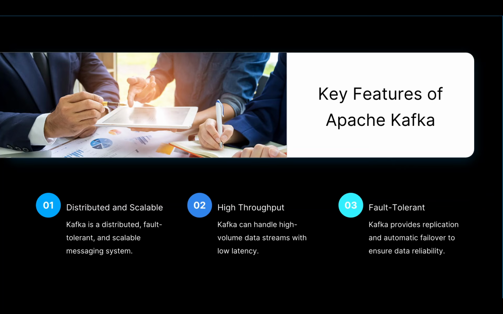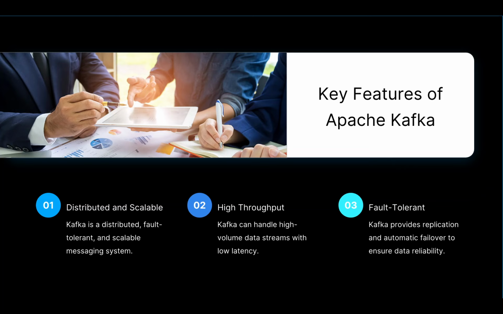Once you're using Kafka, it is easily scalable, and it's a fault-tolerant scalability. That's a good thing. Then we have the aspect of high throughput, meaning that it can handle high volume data streams with low latency. That's very good. And as we have said, fault-tolerant.